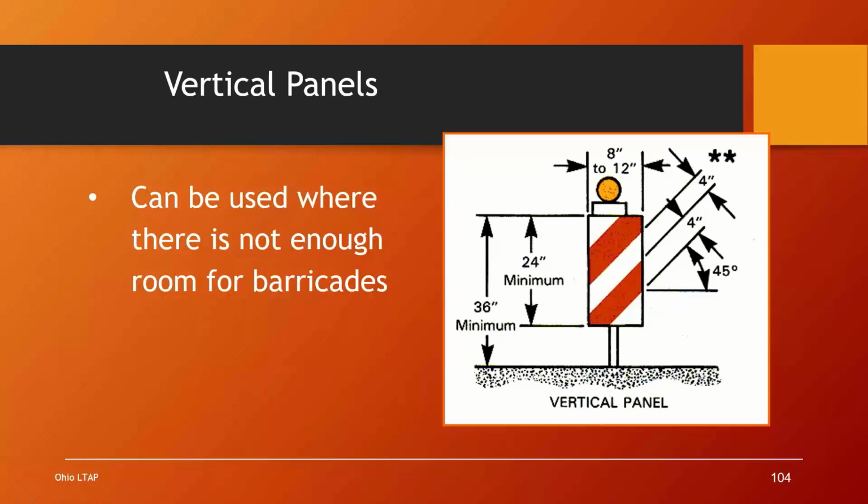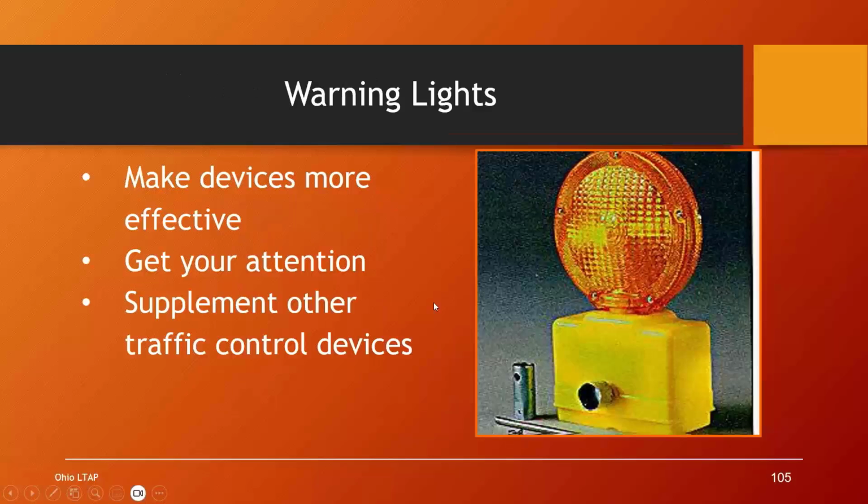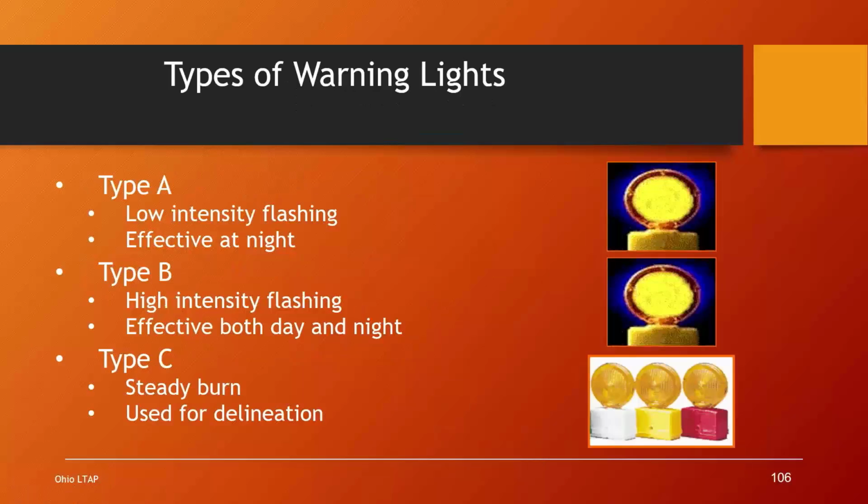Okay, so then for our long-term work zones, we might install vertical panels, or maybe where we have situations where there's not enough room for a full barricade. And then some other things you might see, some other devices include warning lights. We use these to make our devices more effective and to draw attention to our devices, and they supplement other traffic control devices.